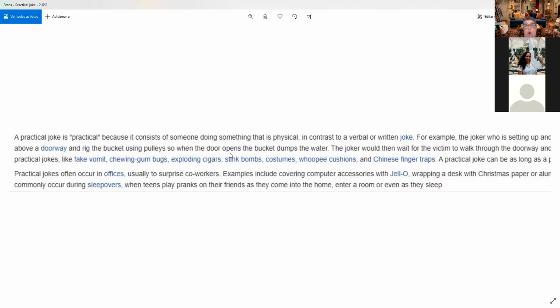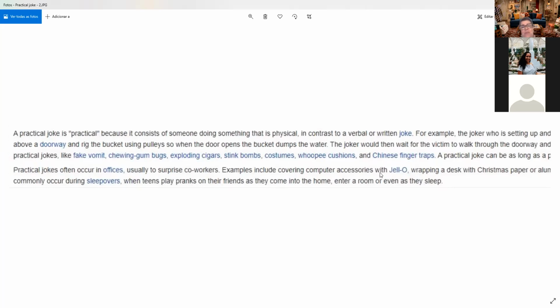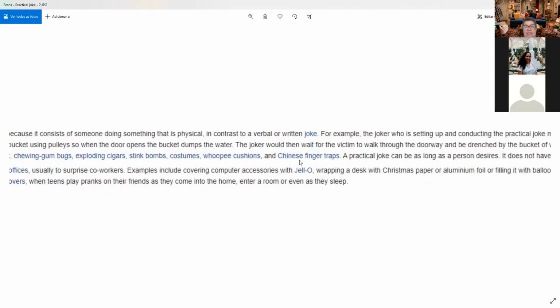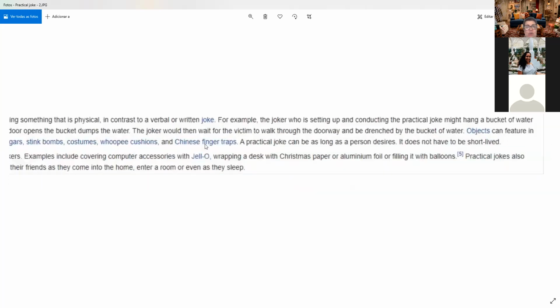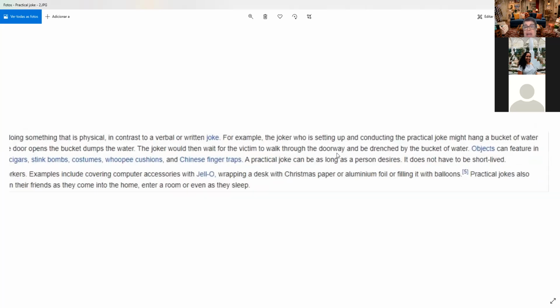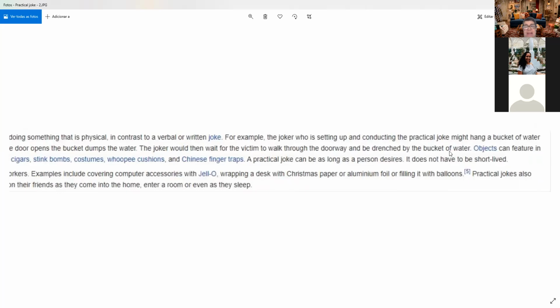So the door opens, the bucket dumps the water. So if you open the door, automatically you get all wet, like a waterfall. Yeah, the joker would then wait for the victim to walk through the doorway and be drenched by the bucket of water.